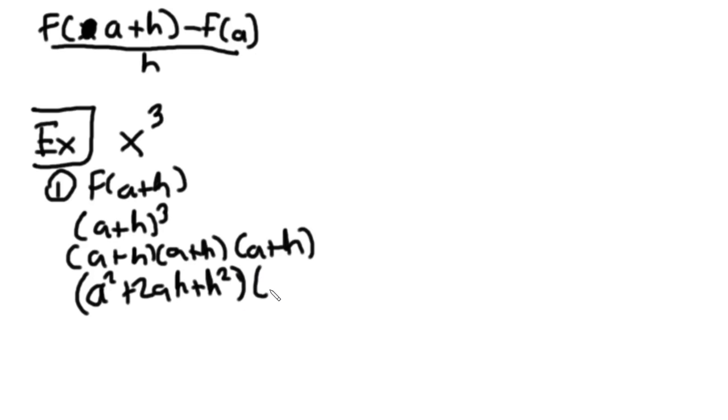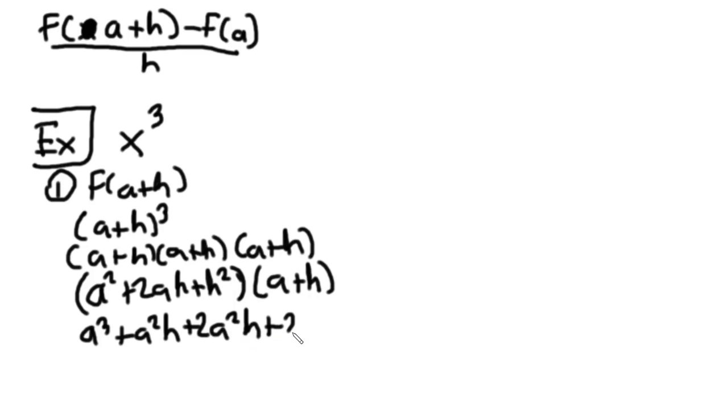And then we want to multiply that by a plus h. So that's going to be a cubed plus a squared h plus 2a squared h plus 2ah squared plus ah squared plus h cubed.